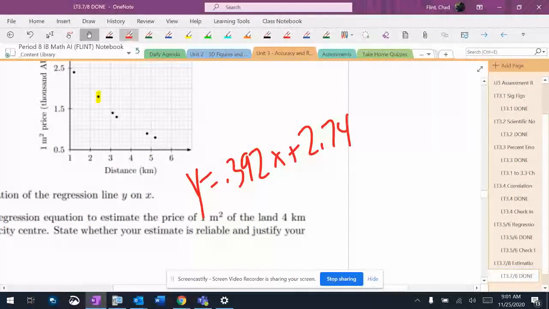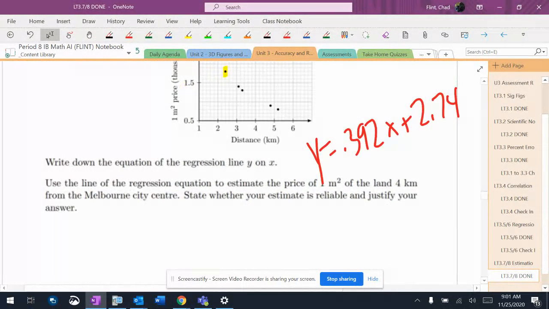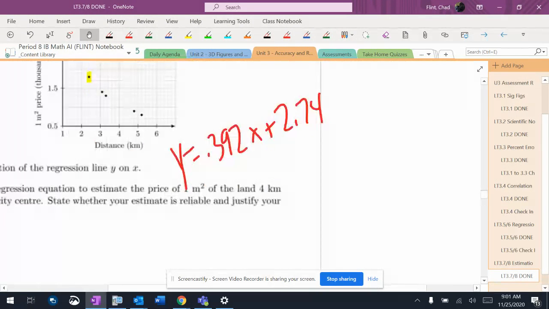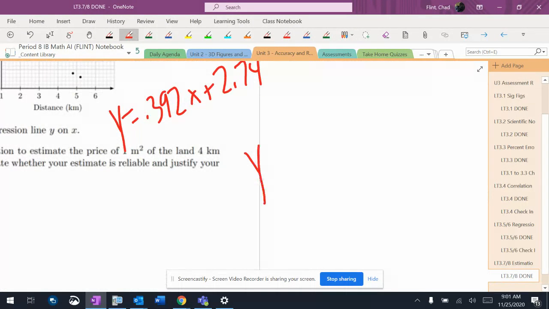All right, so it says use the regression equation to estimate the price of 1 meter squared of land 4 kilometers from the city center. So the kilometers is the x value. I always double check that before I do it. So y equals 0.392 times 4 plus 2.74.